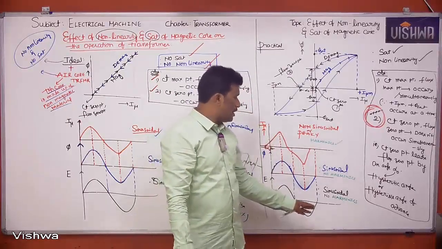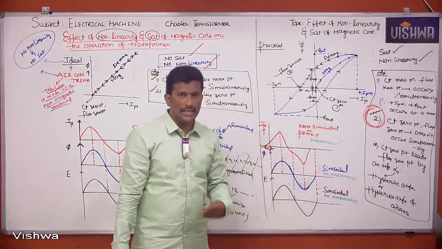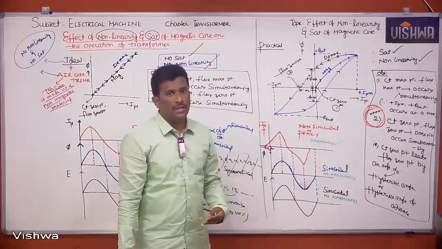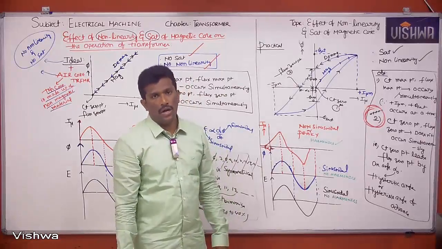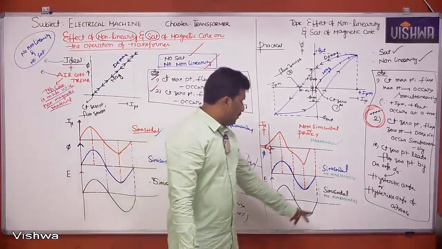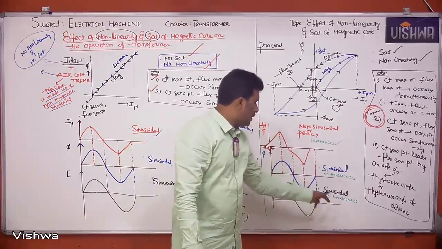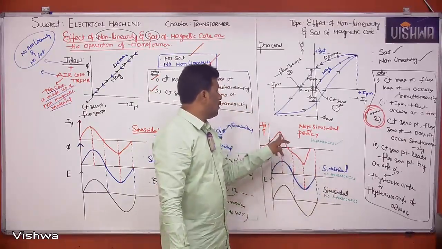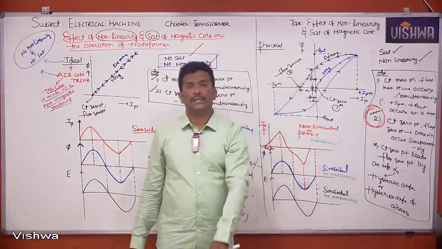So in place of harmonics, let me take the most dominant harmonic, the third harmonic, into account. If I don't want the third harmonic here, the flux waveform should not contain the third harmonic, so the IMU waveform should contain a third harmonic.